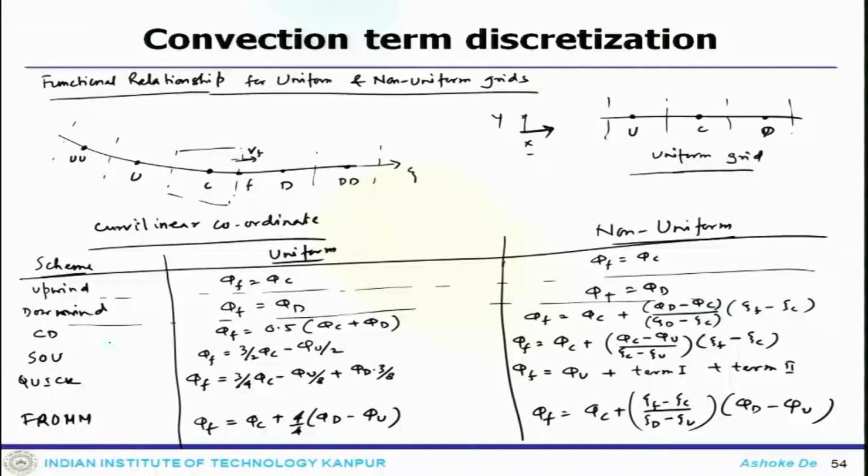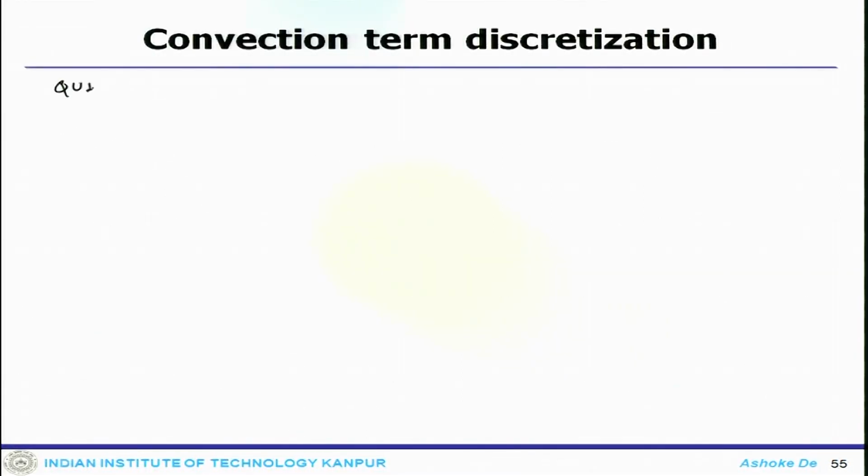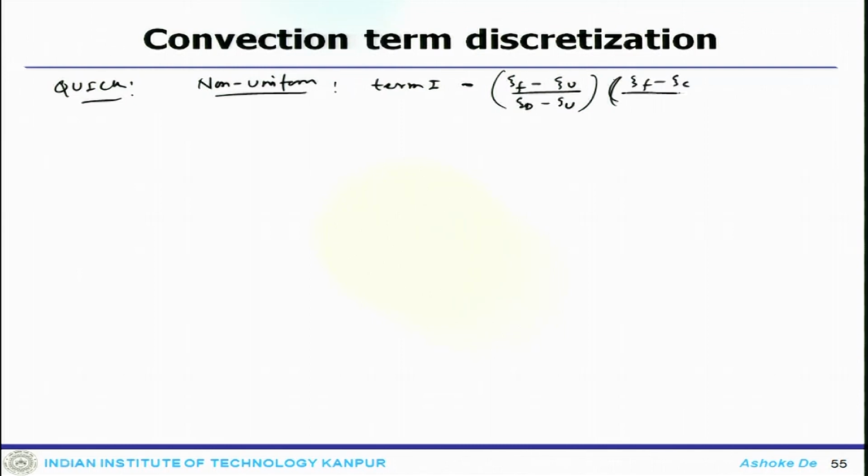Now, for QUICK in the non-uniform system, term 1 is xi f minus xi u divided by xi d minus xi u, multiplied with xi f minus xi c divided by xi d minus xi c, with phi d minus phi u.